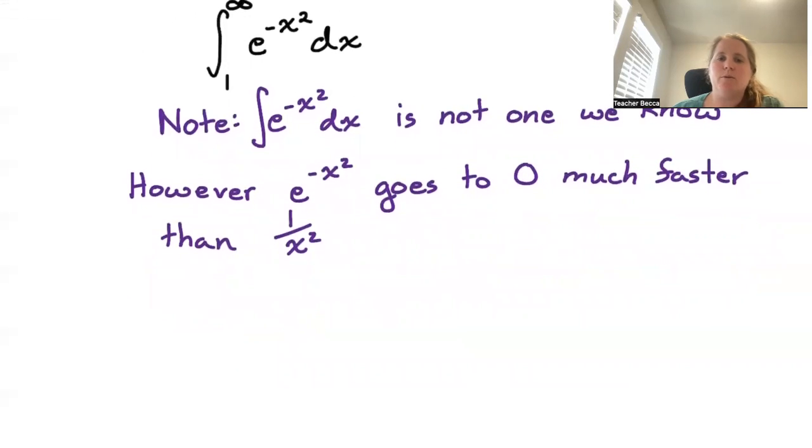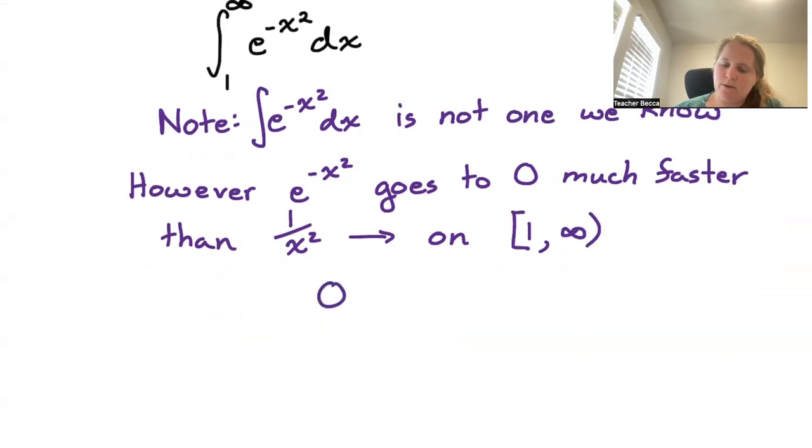And so what we wind up getting is on the interval from 1 to infinity, we actually have that 0 is less than or equal to e to the negative x squared is less than or equal to 1 over x squared.